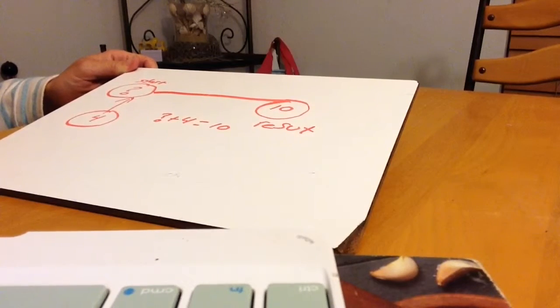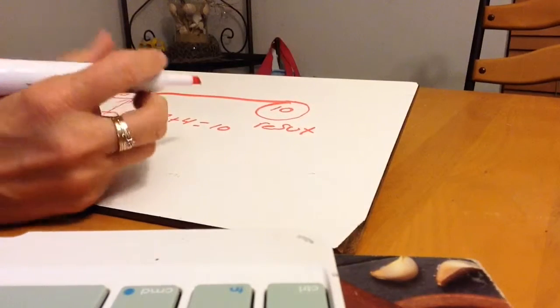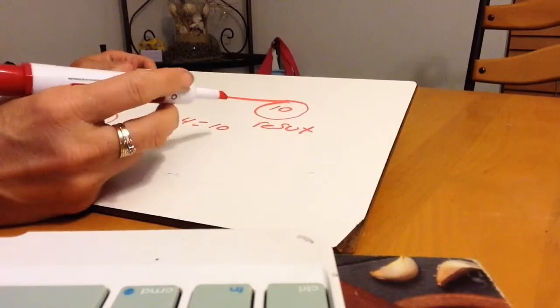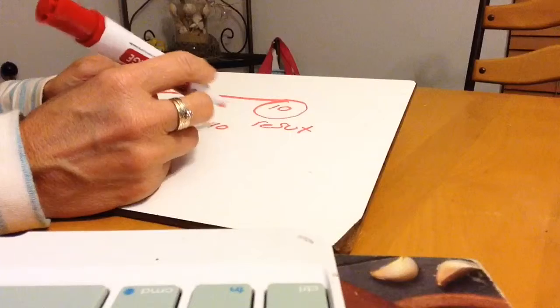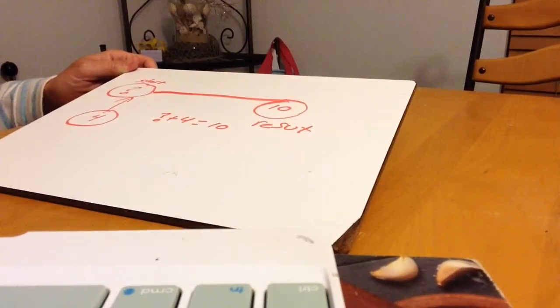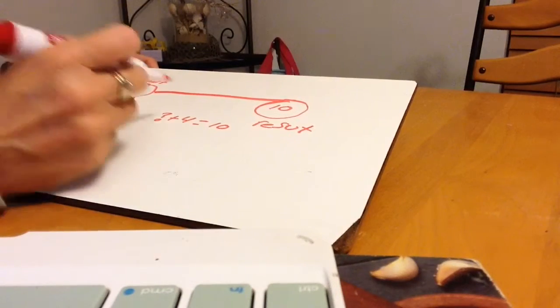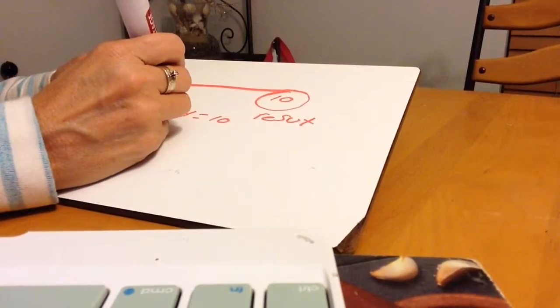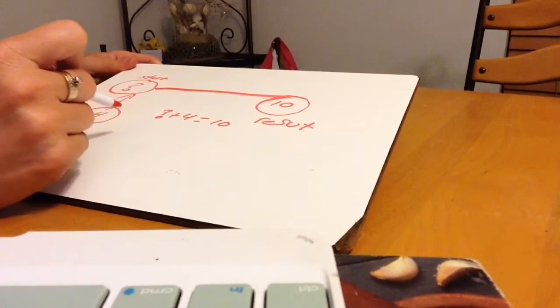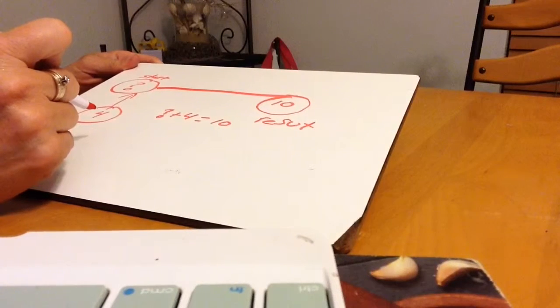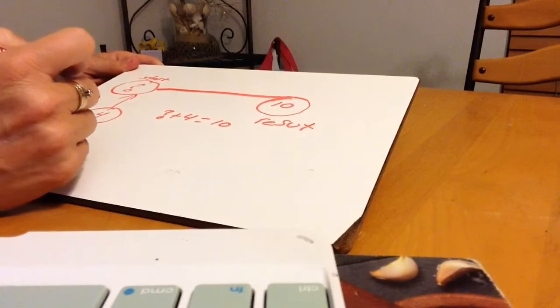Now, if I look at that problem, I'm going to say, that's easy. I'm just going to subtract 4 from 10 and get the answer. But students that are just learning the algebraic equations aren't going to see it that way. So we're going to give them another visual to use.